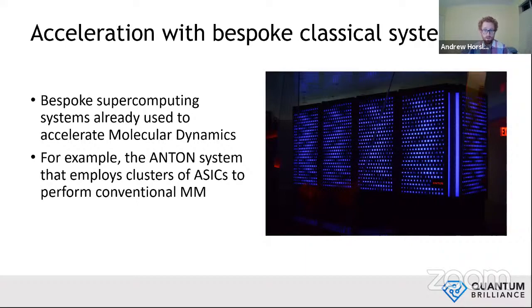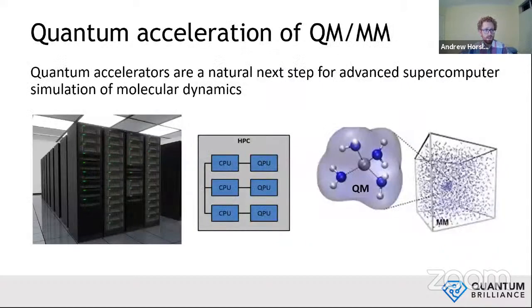Some of them are even entirely based on these application specific circuits to solve these problems. So kind of a natural extension of this is to use, instead of classical application specific circuits to model those quantum systems, we actually use a quantum processor unit to efficiently model the quantum components of these modules.